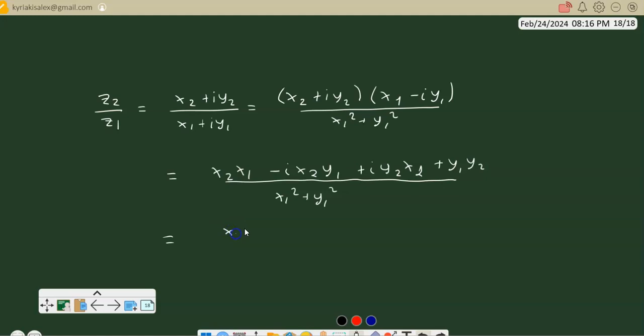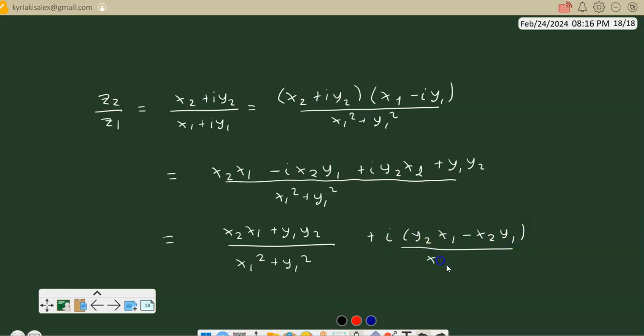So it's x2 x1 plus y1 y2 divided by x1 squared plus y1 squared plus i, y2 x1 minus x2 y1 divided by x1 squared plus y1 squared. So this is the real part of z2 divided by z1 plus i times the imaginary part of z2 divided by z1, which gives back a complex number.